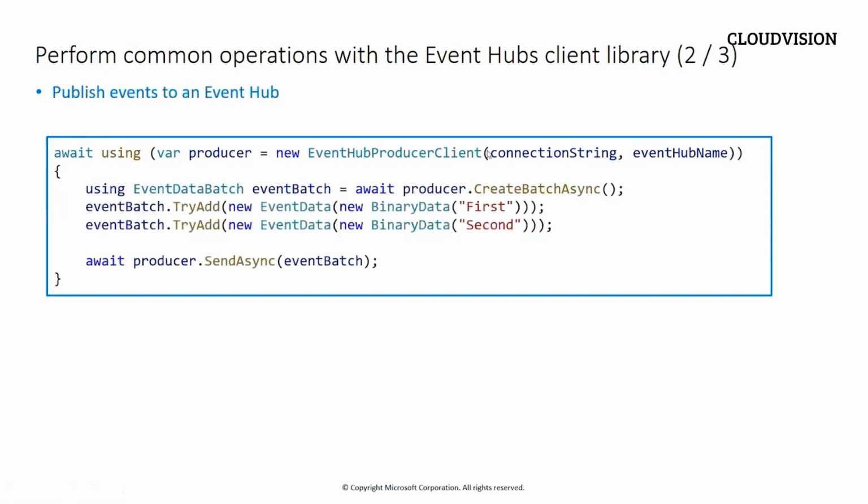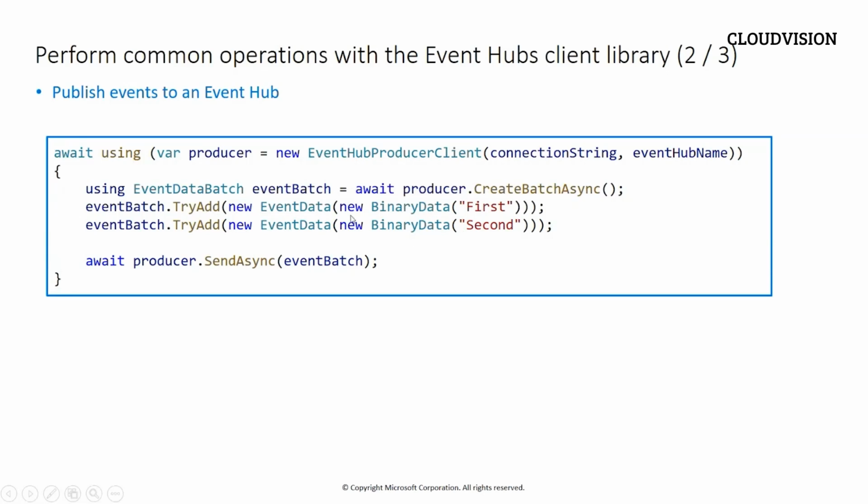Then you want to send messages. You can create a group of messages, or you can send a single message as well. If you create an object of EventData, this is a single message, and you can send it. But if you want to send multiple messages altogether, you can create an EventDataBatch object by saying producer.CreateBatchAsync. And then within that batch, you add multiple messages like EventData one, EventData two.